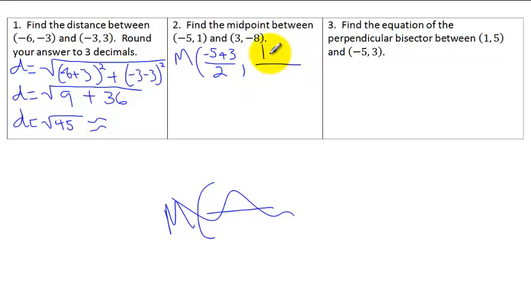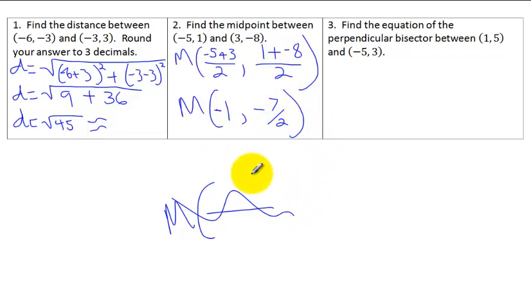The y value is 1, and I will add the -8 and divide that by 2, because I'm taking the average. So that leaves me with, at the midpoint, -5 plus 3 is -2. Divide by 2, we get -1, comma. 1 minus 8 is -7, so we get -7 halves.